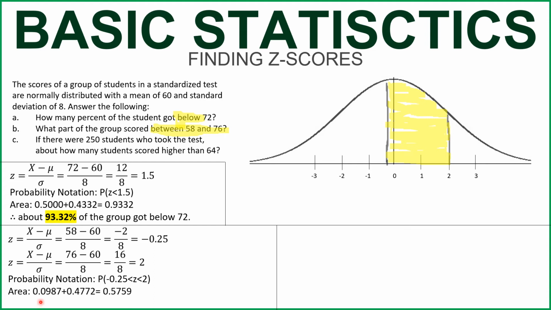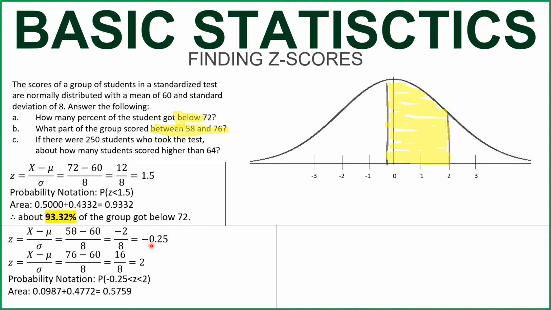Ayan. So, paano natin nakuha yung area na 0.0987 and 0.4772? First thing is, we get the Z-table. So, kuhanin nyo muna yung Z-table nyo sa SciPax na nasa page 32. So, 0.25. Nasan yung 0.25 natin sa z-table? Sabi nga doon sa steps is get the first two digits.